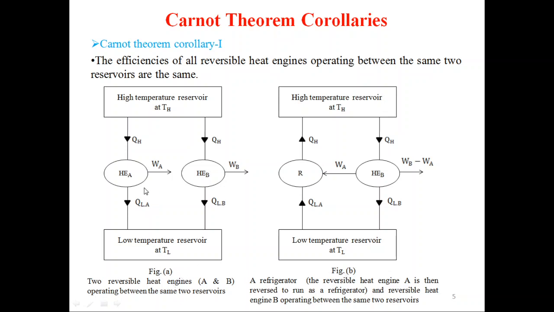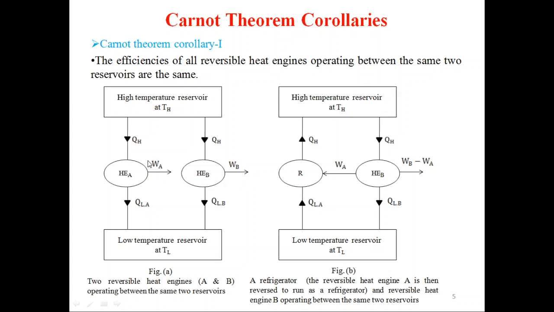In figure A, both these engines are reversible engines, and they are operating between the same temperature reservoirs. From the first engine we are getting work WA, and from the second reversible heat engine we are getting work WB.